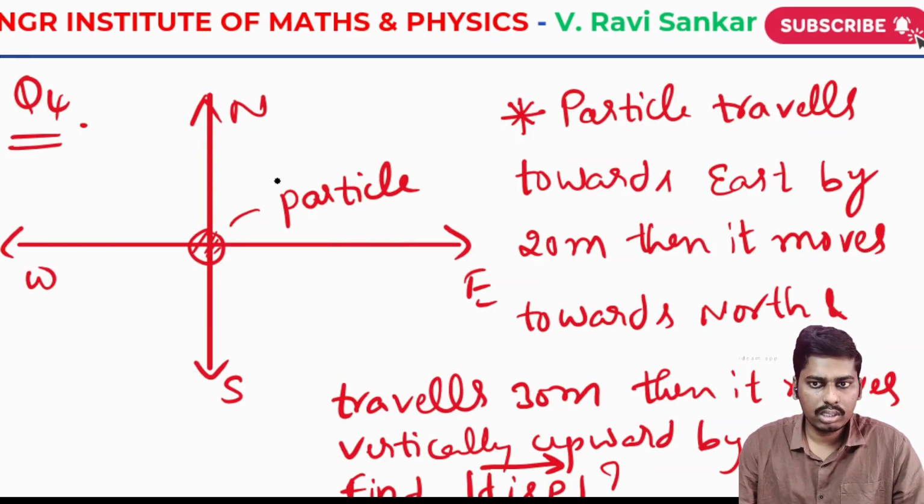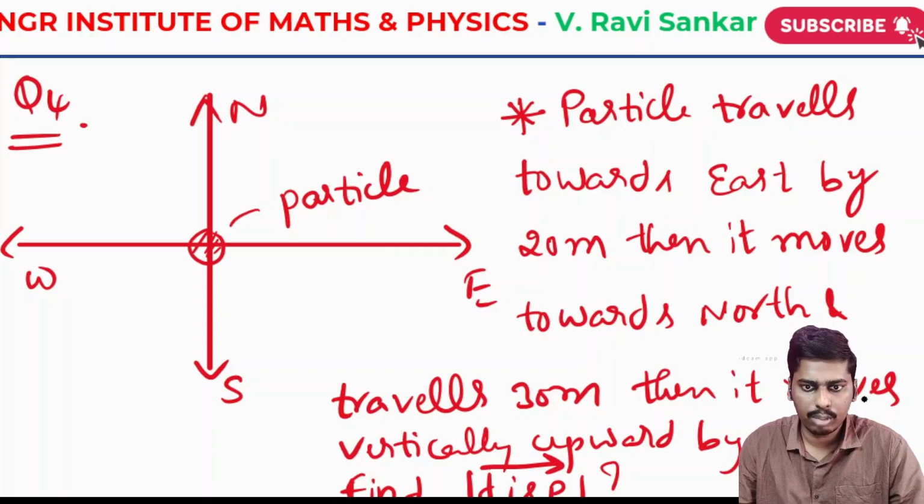A particle travels east by 20 meters, and then it moves towards north and travels 30 meters, and moves vertically.